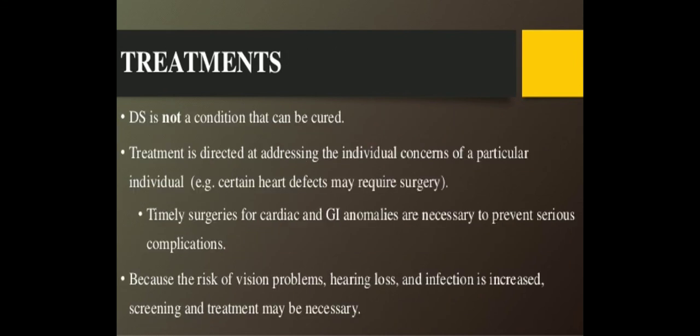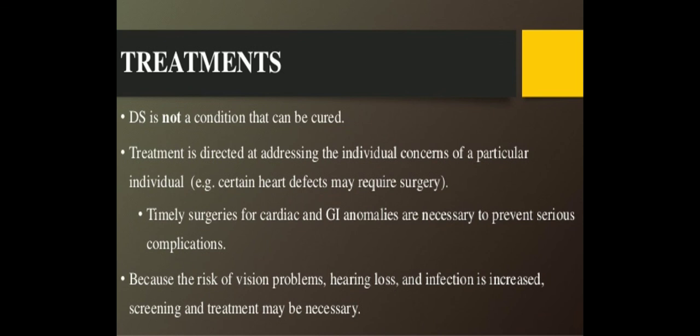Coming to the treatment part, Down syndrome is not a condition that can be cured. Treatment is directed at addressing the individual concerns of a particular individual. For example, if the child is suffering from atrial septal defect or ventricular septal defect, then the child will require surgery.